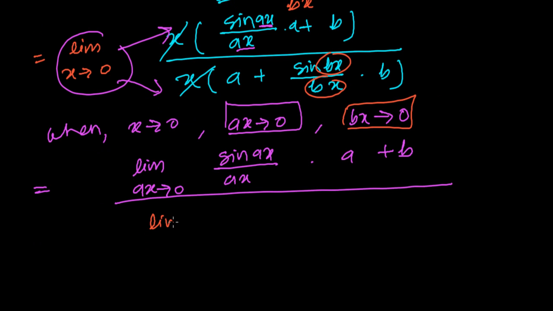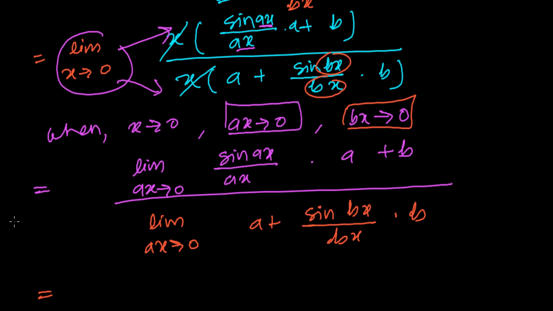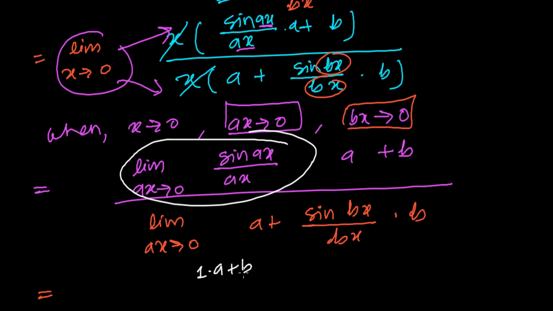So it's the limit as ax tends to 0 of a plus sin bx over bx, times b. And now let's plug in the values. This gives us 1 times a plus b, and here a as it is, plus this gives us 1 times b.